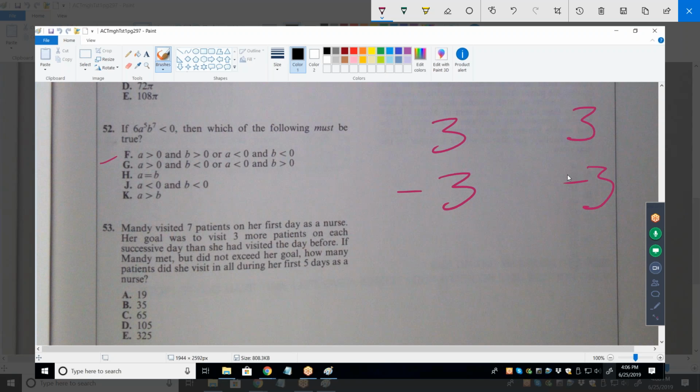So A is not equal to B either. And I don't think we need to go any further. Once you prove that that's not true for sure, there's no way. We've already seen that that doesn't have to be true, and that doesn't have to be true either.